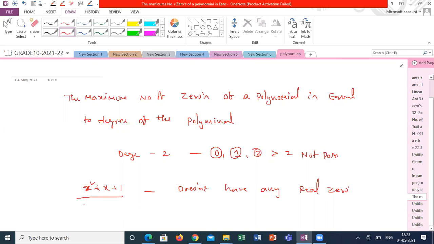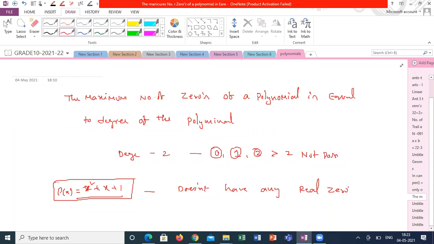You can take any x value, you never get this expression equal to 0. That means this polynomial doesn't have any real zeros. There is no real number x such that p of x can be 0.